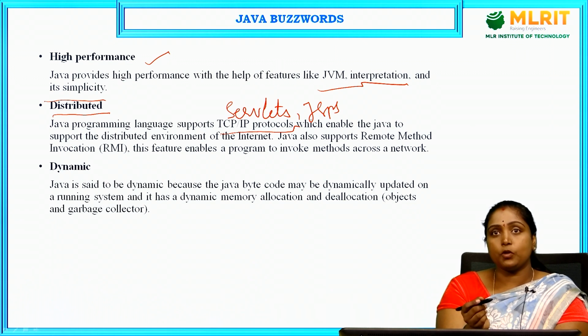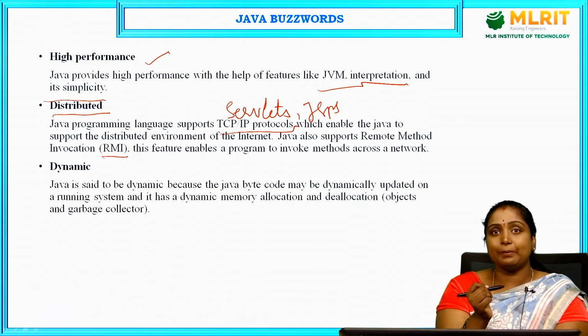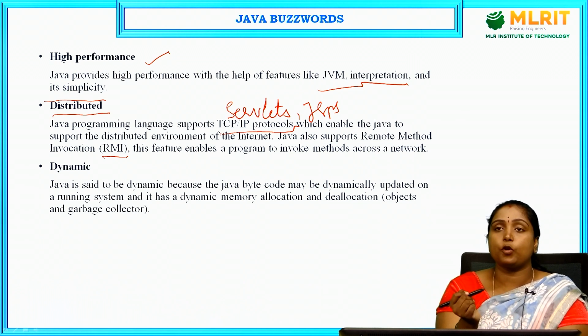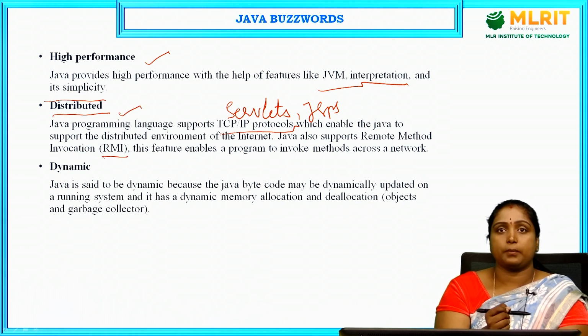Java also supports remote method invocation. RMI is a feature which enables a program to invoke methods across a network. So we can say it's a distributed programming language.